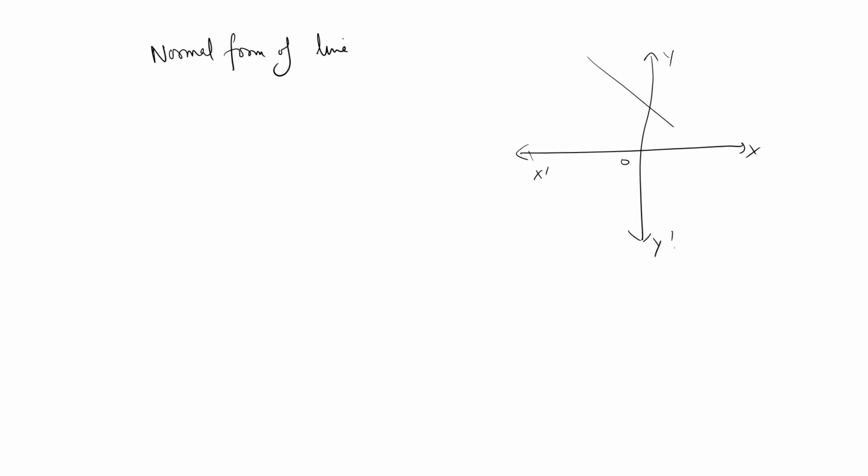So this is the line. Now see the conditions. The condition here is that you will draw a perpendicular O to this line like this. And this distance ON is your p. So let L be the given line.